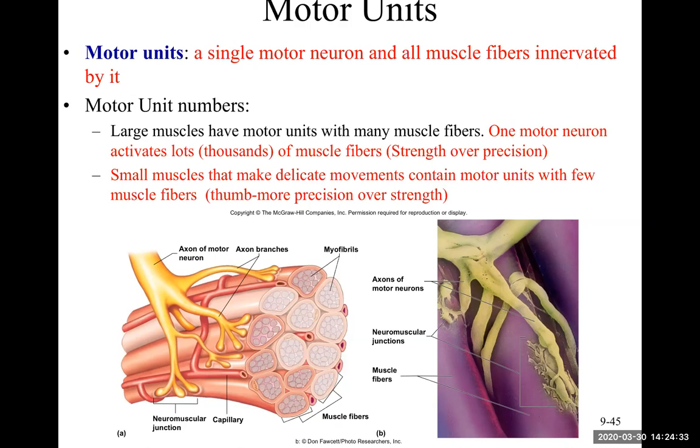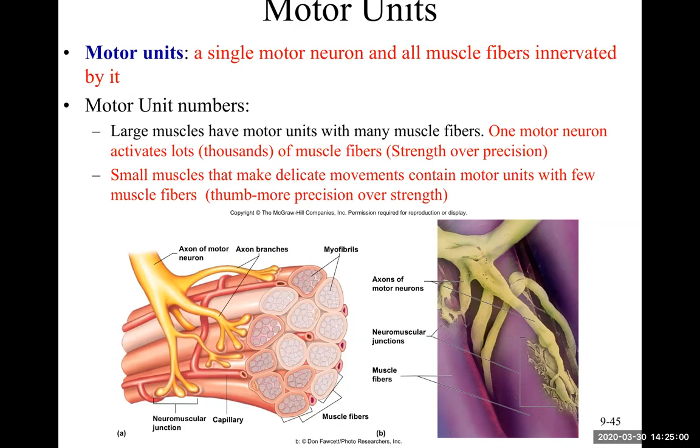Once the activated ones have contracted for a set amount of time, they have to relax or else they'll fatigue. So other motor neurons fire, activating other muscle fibers the next time. Then you can turn certain parts on and off, and it allows us to run, like in a marathon. Now, for large muscles, one motor unit goes to lots of muscle fibers, thousands of them.